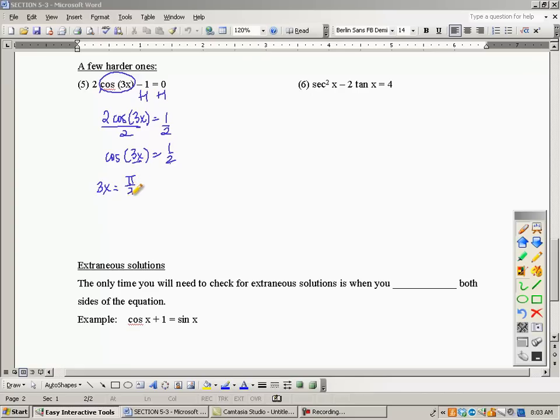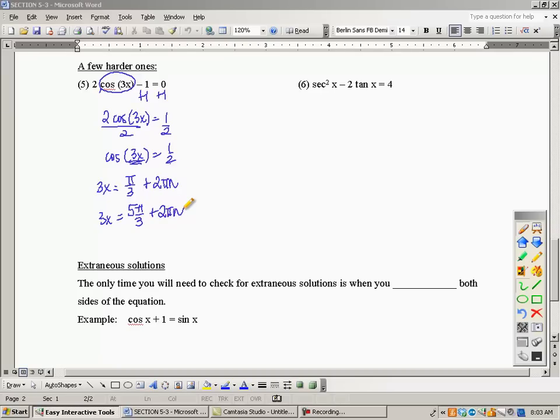So at pi over 3, and cosine is also positive at 5 pi over 3. Now, the only difference is instead of setting it equal to x, we set it now equal to 3x. Our period is 2 pi, so we say plus 2 pi n.